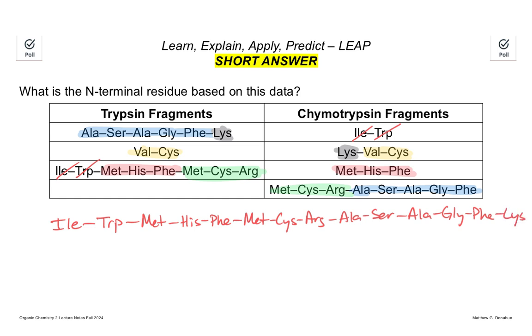And I apologize for going on the second row here, but lysine is then bonded to valine and then cysteine. And I think that accounts for all of the fragments, all of the amino acids. So ILE would be the N terminus, and then cysteine would be the C terminus.